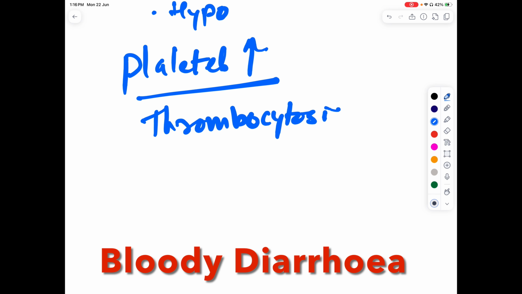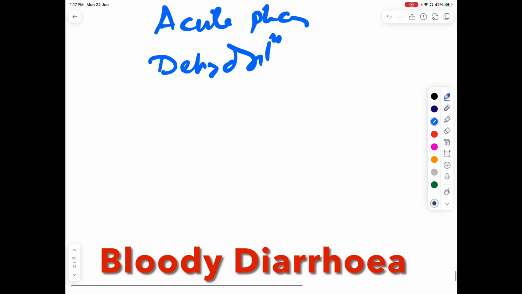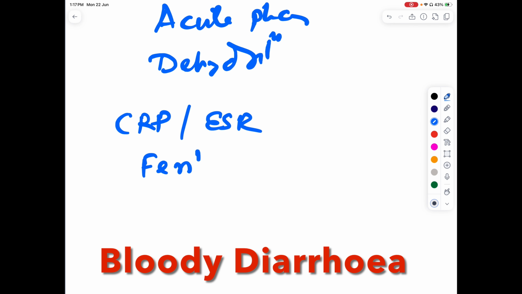So why are they increased? Acute phase or dehydration. In dehydration, there is hemoconcentration. What are acute phase reactants? CRP, ESR, ferritin, procalcitonin.